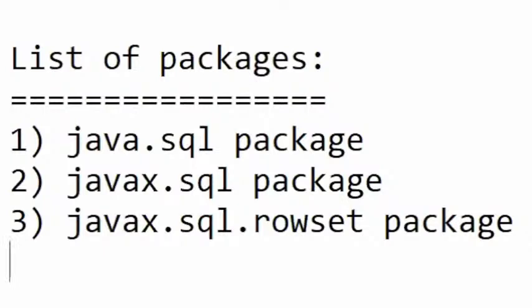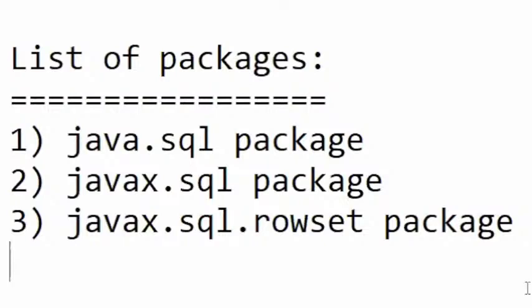So in the API, packages appear. See, in the core Java API, there are java.lang, java.util, java.io, java.net. These all you studied in core Java classes.